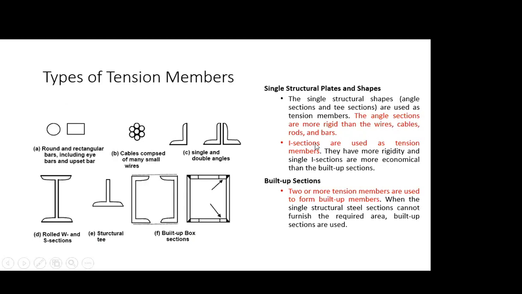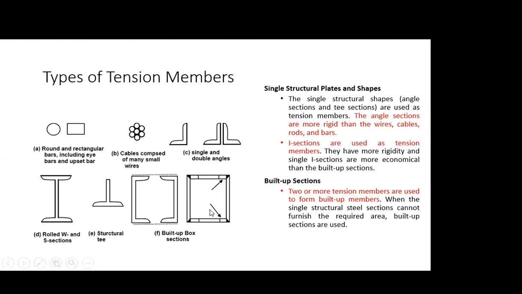Cables and wires, rods and bars are less rigid than the angle section. Compared to single structural plates, I sections used as tension members have more rigidity. I sections are also more economical than built-up sections.